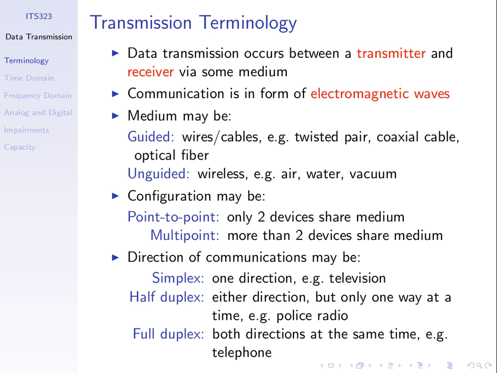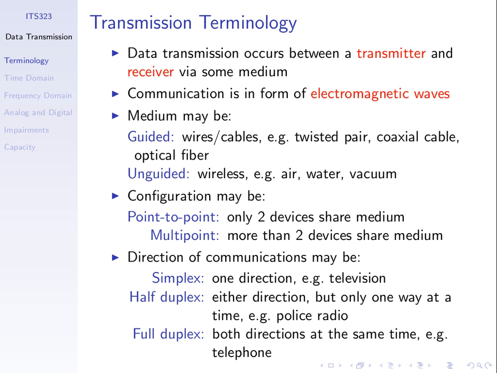Wired communications is guided. When we have wires and cables, we have some conductor of electricity, for example, some insulation, and the signal propagates across that conductor. It doesn't disperse much outside of that. It's guided along the wire.